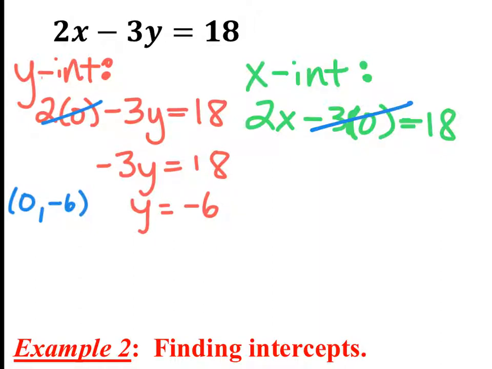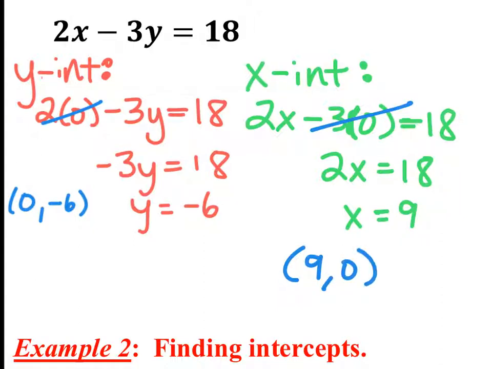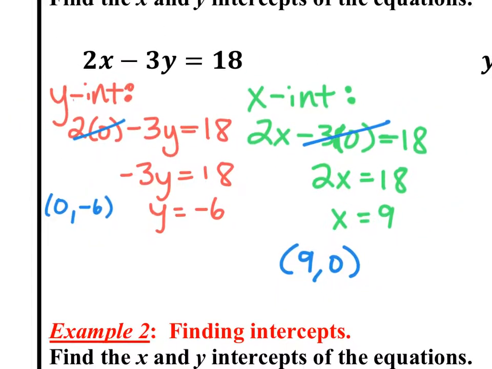So all I'm left with is 2x is equal to 18. You divide by 2. X equals 9. That's great and all, but the x-intercept is a point, so write it as 9, comma, 0. X is 9, y is 0. Now you have your 2 intercepts.